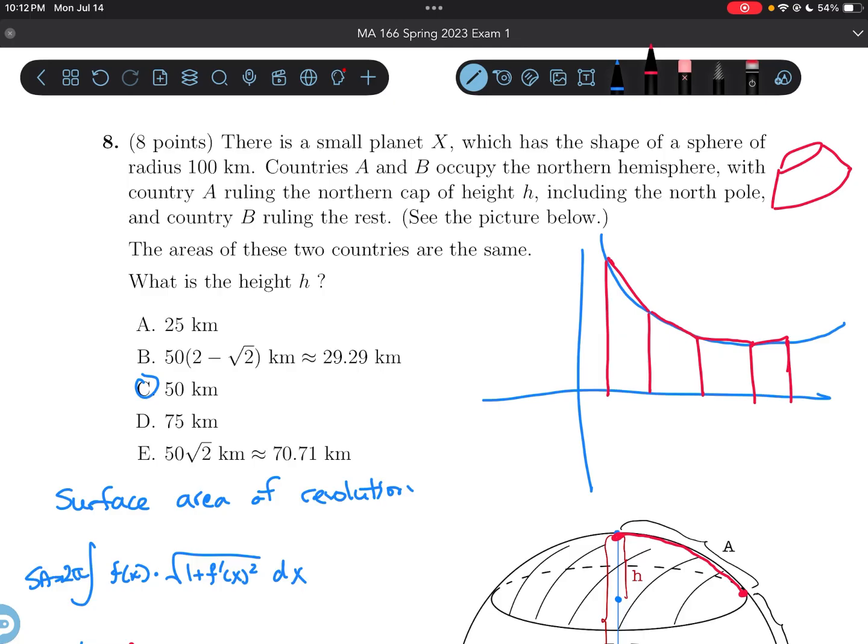The lateral surface area of a frustum is equal to 2 pi times (r1 plus r2) divided by 2, times L, where r1 is this radius over here and r2 is the radius on the bottom, and L is the length of the side of the frustum over here. So this is L. Okay, so that's the formula for a frustum.